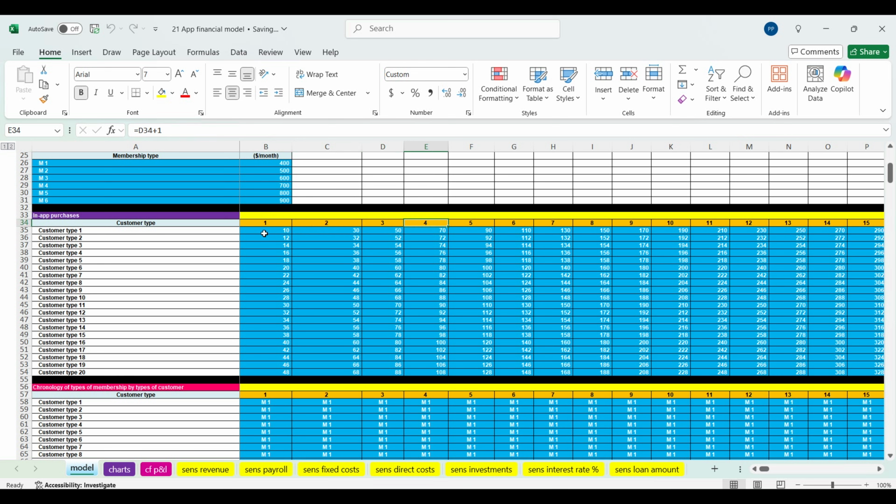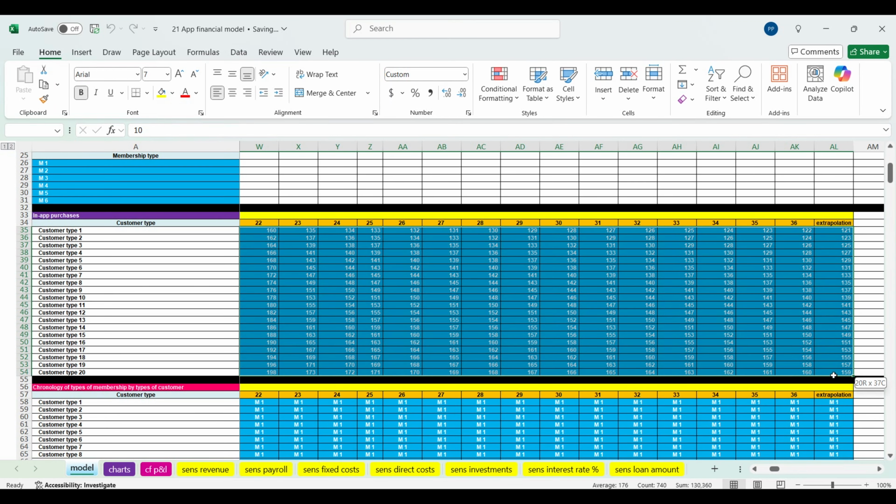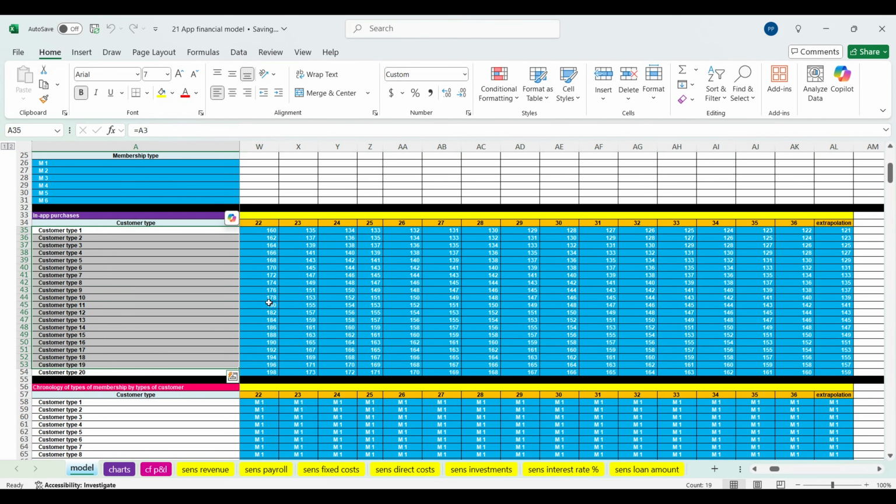And here we can specify how much money each type of customer spends inside our app while using it. This is a dynamic variable, so we can specify these values of purchases inside the app for each type of customer dynamically. And after 3 years of operating activity, we can extrapolate these numbers here.